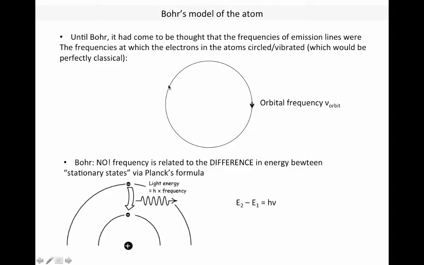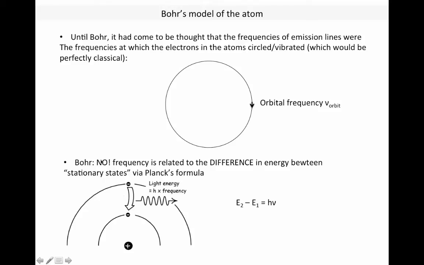Before Bohr's model of the atom, we thought that the frequencies of these emission lines were the frequencies at which the electrons in the atoms either circled or vibrated, so that this was purely classical emission of electromagnetic radiation by an accelerating charge. So the observed frequency should match the orbital frequency of the electron, according to classical theory.